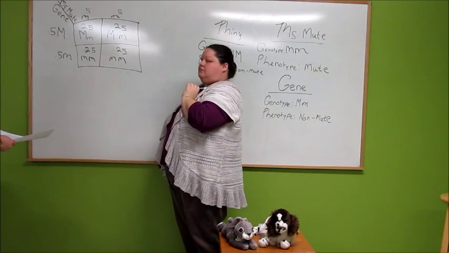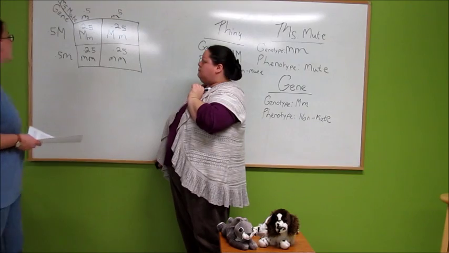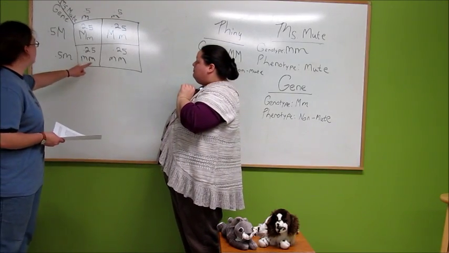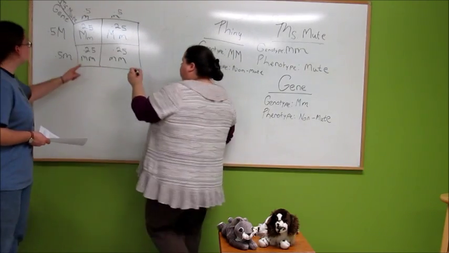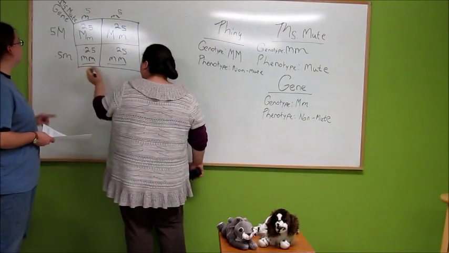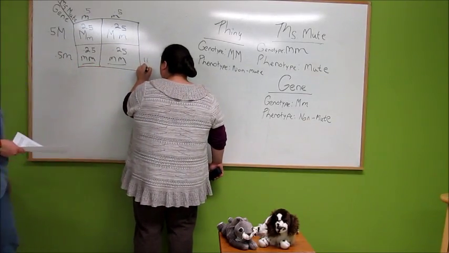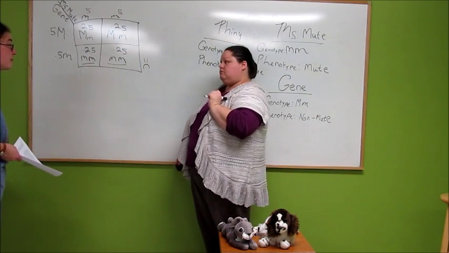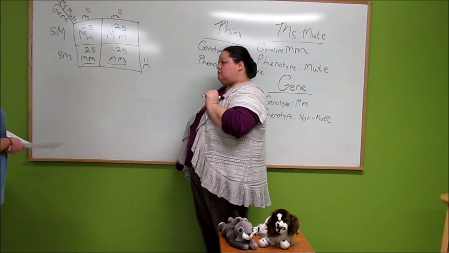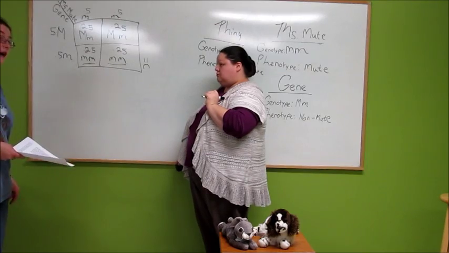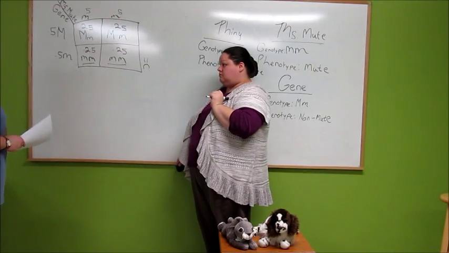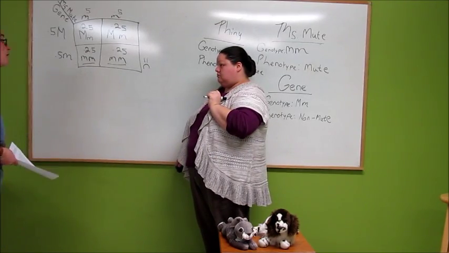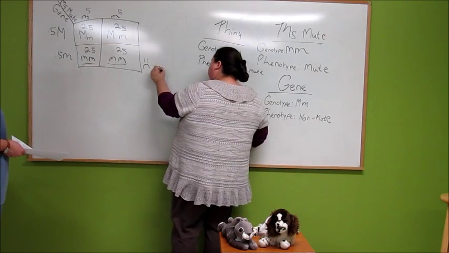Perfect. So we know that the phenotype for mutism is little m, little m. And in this Punnett square, we have two little m offspring possible. So what that means is to find the probability of getting those, we add 0.25 plus 0.25, and that'll be your probability of having a mute child.